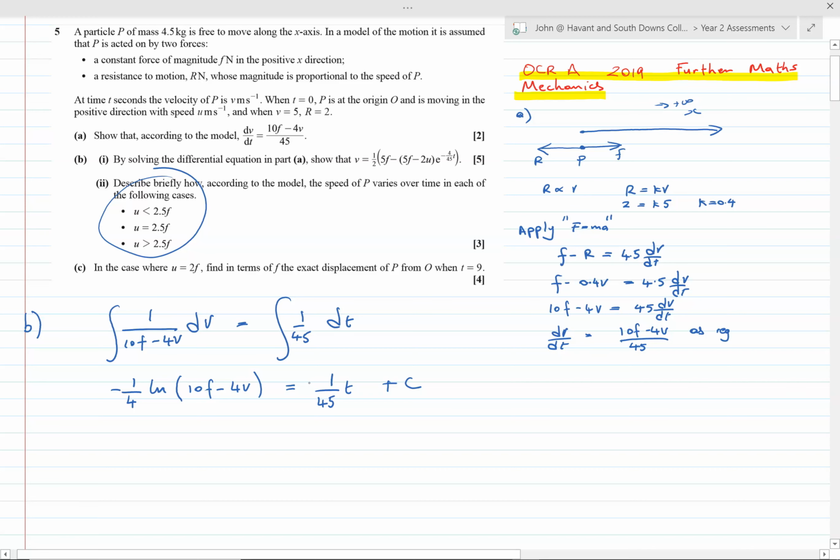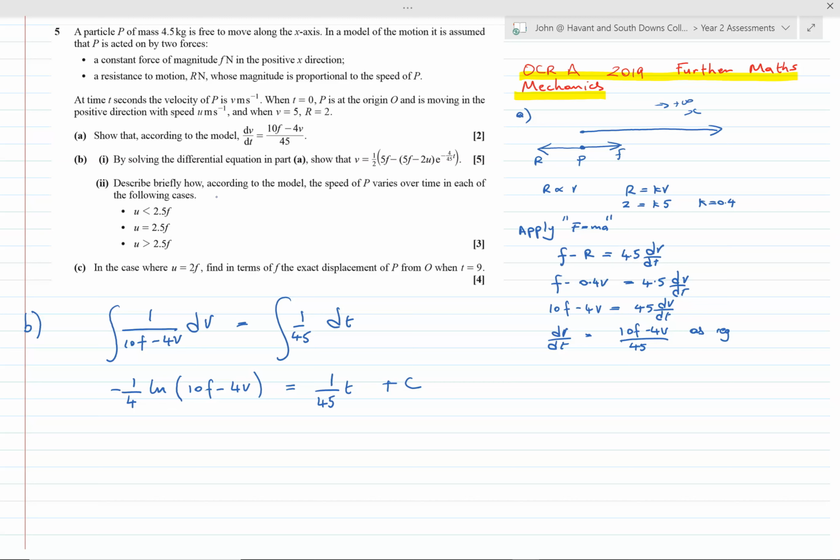But it all comes out in the wash, and generally with mechanics questions of a practical type, getting bogged down with the modulus sign is not necessary because it's not pure maths. If it were a pure maths problem, we ought to explain what's happening with the modulus sign, but we don't need to here.